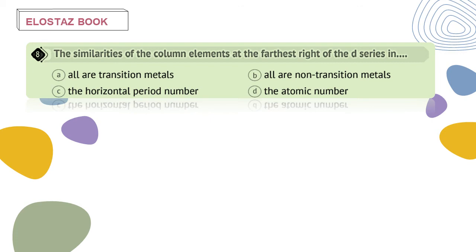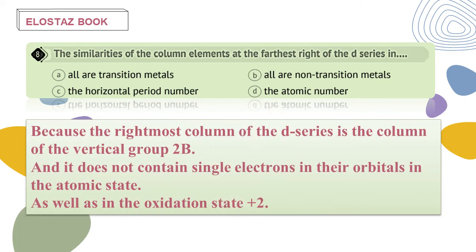If we discuss the answer here, we will mention that the rightmost column of the D series is the column of the vertical group 2B.